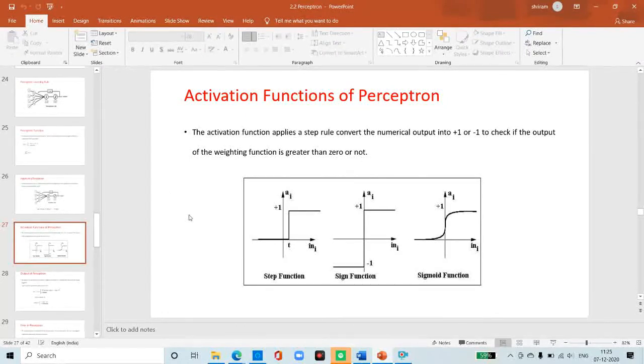So in this graph we are applying some activation functions. This is the activation function of a perceptron.